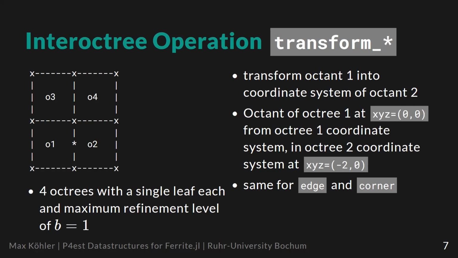And you can also do inter-octree operations. So when I have one octree here and another one here, and they have refined cells, how do those relate to each other? What is the octant coordinate of the octant here regarding the octree coordinate system of the neighborhood octree? So you can represent them in each other. This is actually maybe a bad example, but you need to think of those now as different octrees.